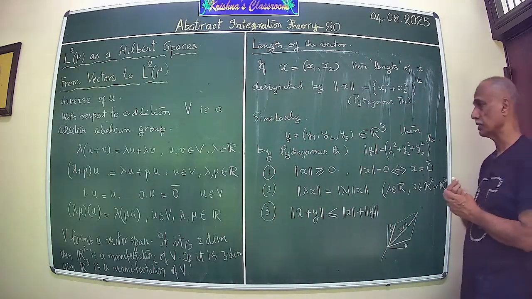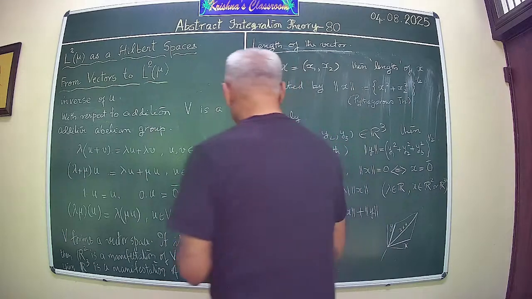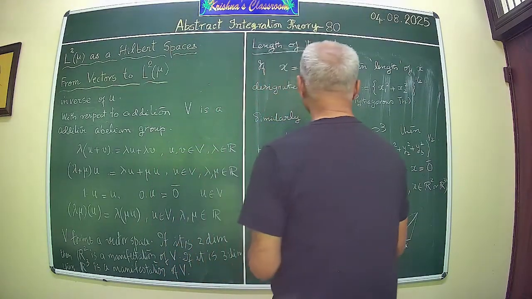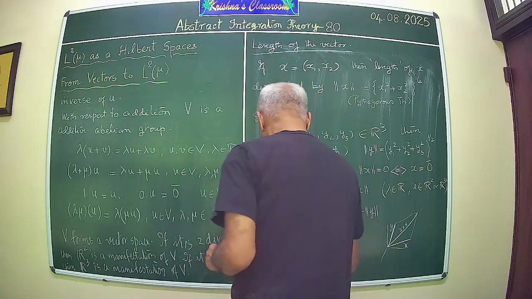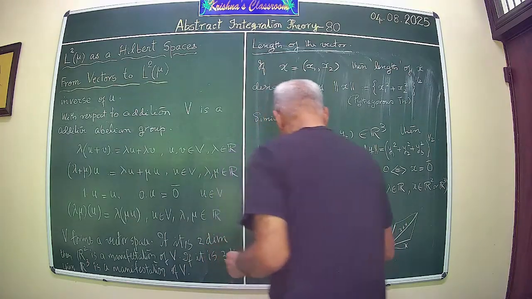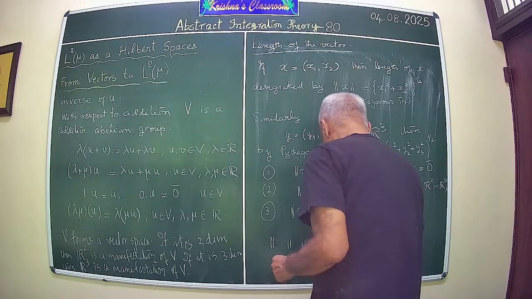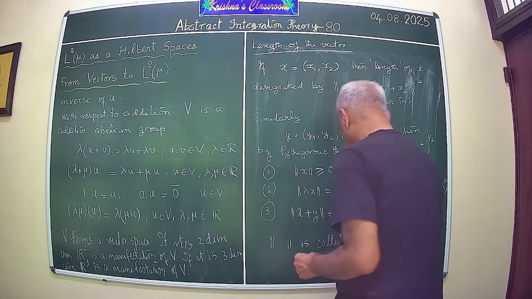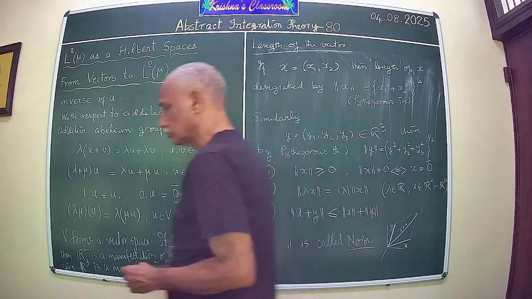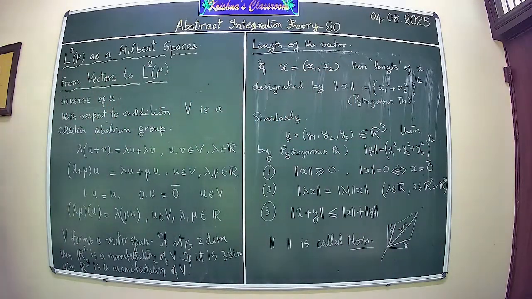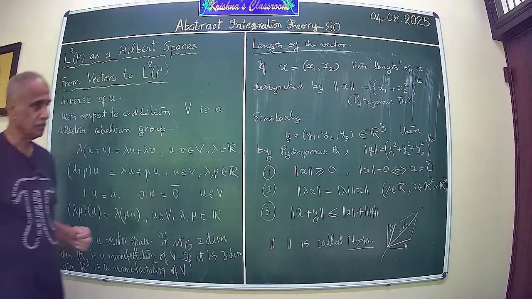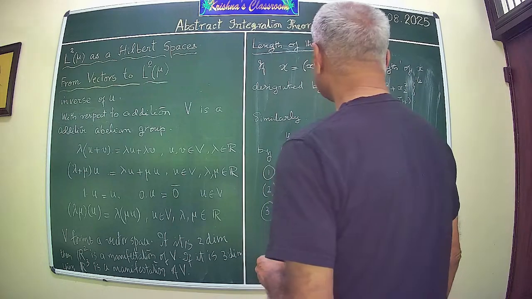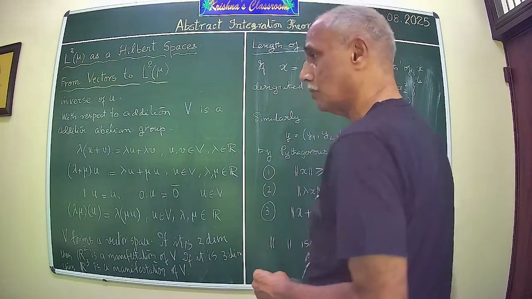So it's a length function. Okay. It is called a norm. This is what you call the Euclidean norm. The usual standard norm. Okay. So that is something additional that you have on this.